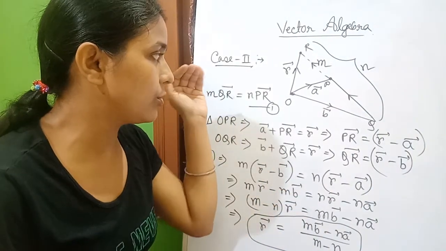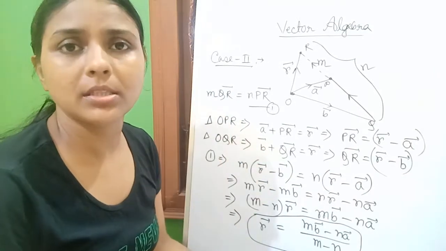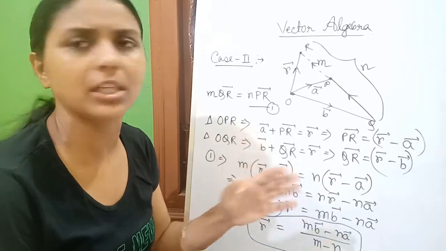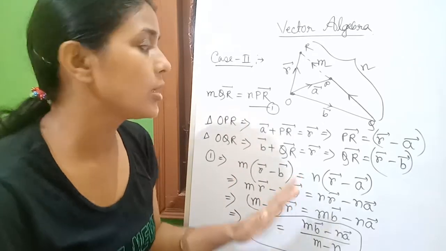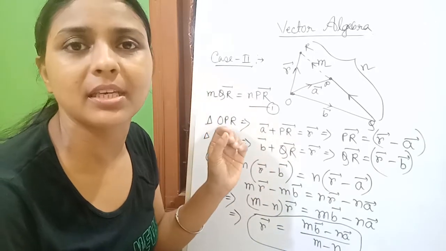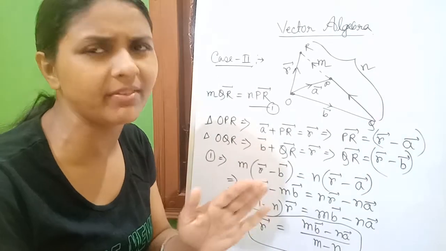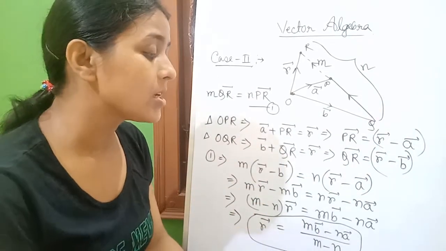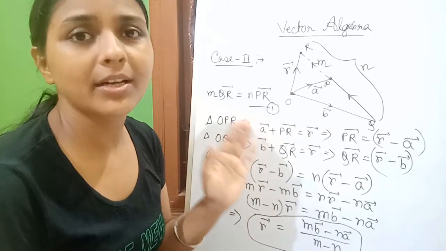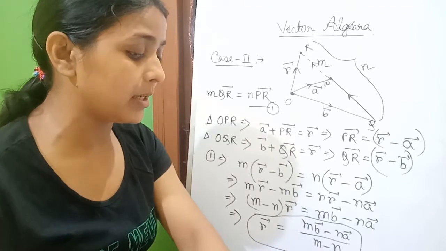So you need to understand the concept. Look, mathematics is not like that you can memorize everything, and especially not in class 12 at least. So you have to understand it, and trust me, vector is very easy once you understand it, and at the same time it's a very interesting chapter. Okay, so up to this I hope you all have got a clear idea. So we will move on to the next topic.